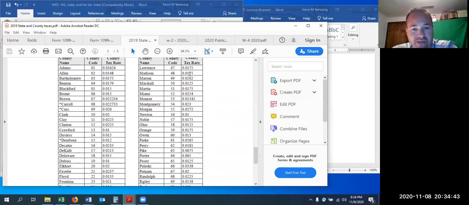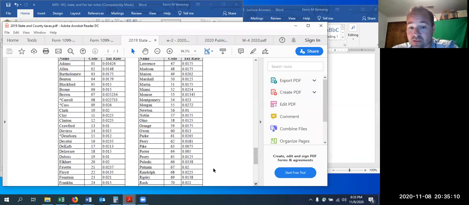And you can find the county where you live and see how much tax you pay compared to somebody else. You can see some of the lower rates here, the really low one, Crawford County. It's only, not even 10%, but 1%. Compared to, say, Miami County at 2.54%. Morgan County, down in south central Indiana, 2.72%. So that's one of the higher ones.